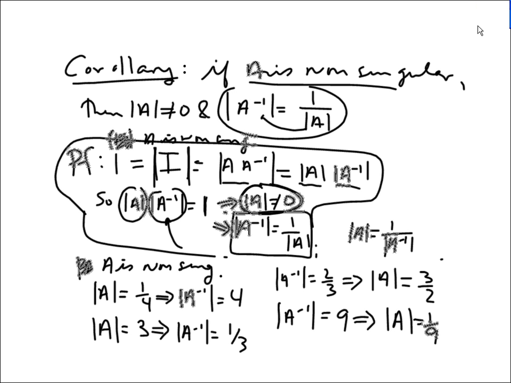It does, but not from this theorem. A little bit later on, we'll make that statement. And then we can add the fact that the determinant of A is not equal to 0 to our list of non-singular equivalences.